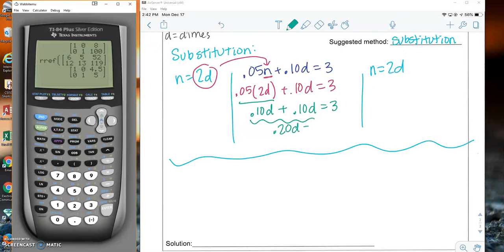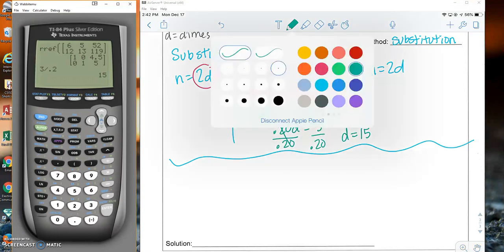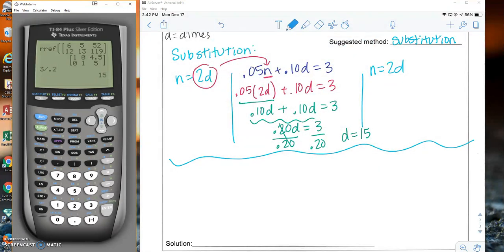Combine my like terms and divide. So D is 3 divided by 0.20, which is 15. So I have 15 dimes, and then I'm going to replace dimes with 15. And my nickels equal 30.